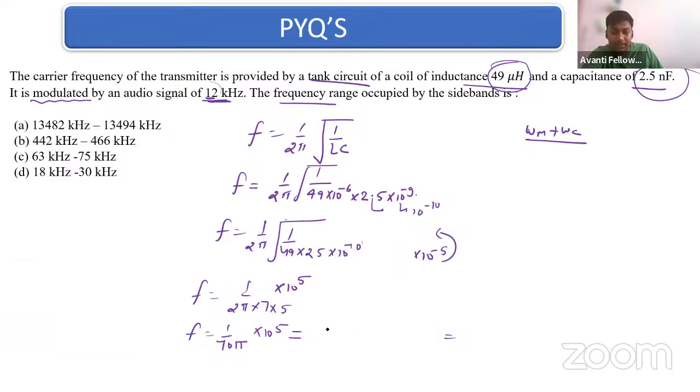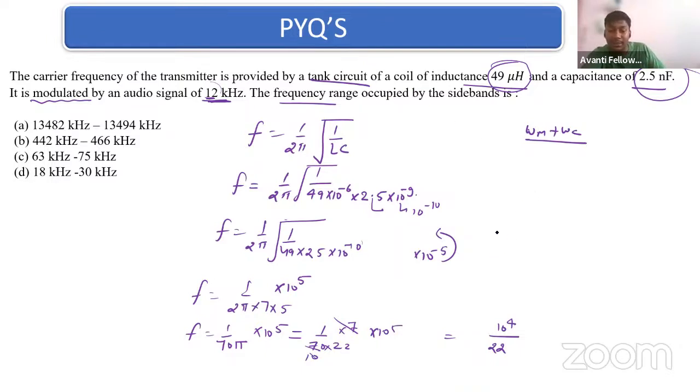1 by 70. If I put the value of pi here, then 70 multiplied by 22 and 7 will be the denominator. 7 comes up with 10 to the power 5. There will be 10. Then I can cancel out 10 to the power 4 and 22 in the denominator. This is the frequency of this LC circuit.